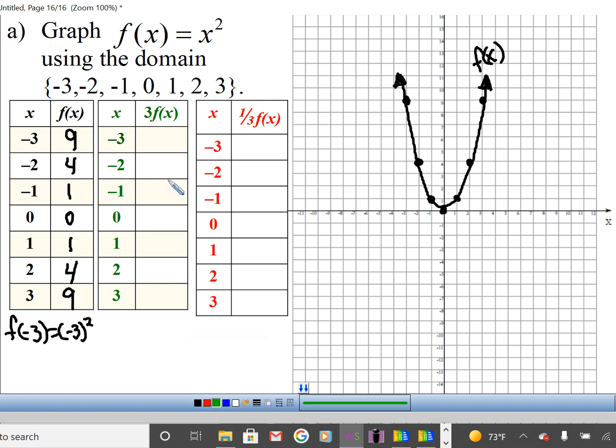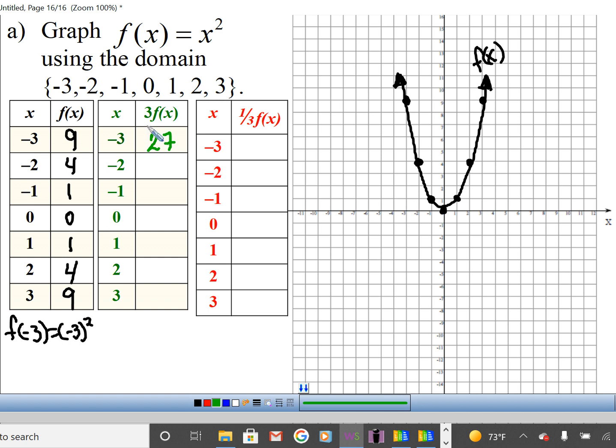If you notice, here we have f of x, but what do we have in front of it? A 3. That means it's multiplying f of x by what? By 3. So where can we find f of x? Over here, this column right here. Which means when x is negative 3, f of x is 9, so what is 9 times 3? 27. Fill that in, please.